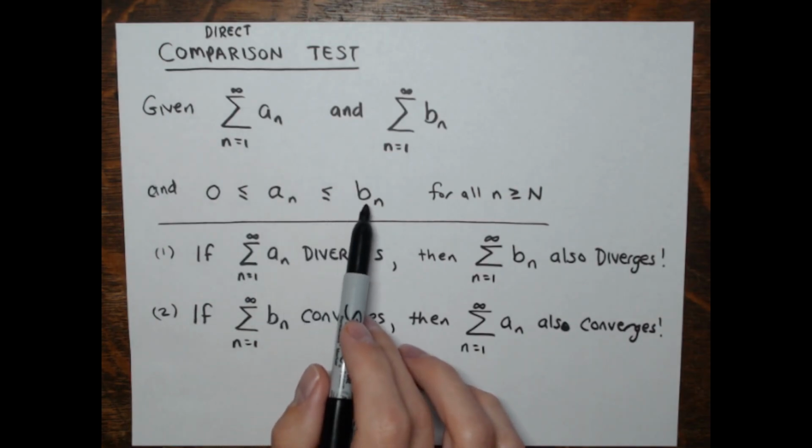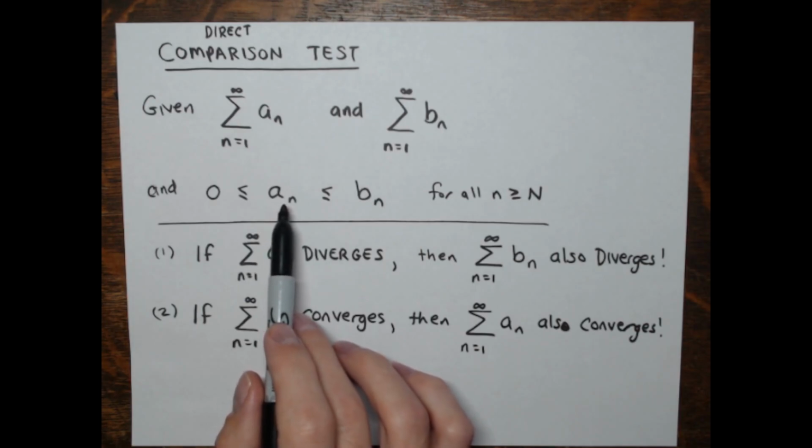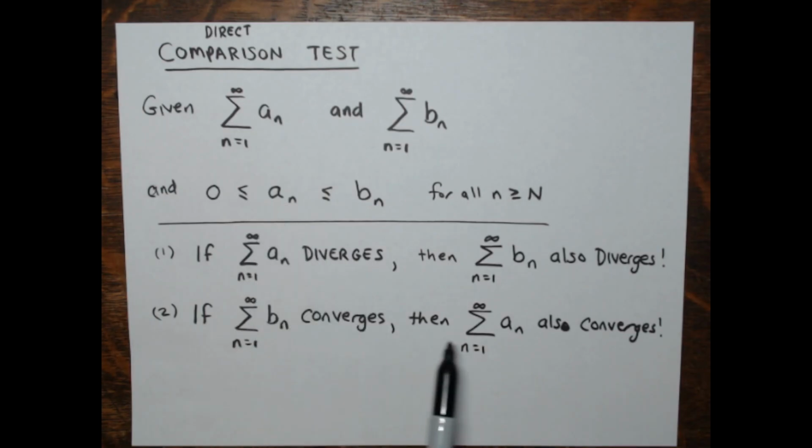Also, if the larger series, the series of larger terms, diverges, then you can't say anything about the series of smaller terms, because they might be small enough where they converge. So this is it. These are the only two times you're going to be able to actually make a valid conclusion.